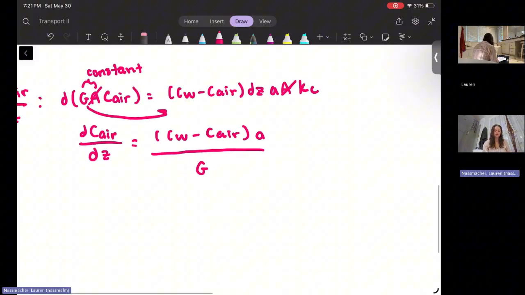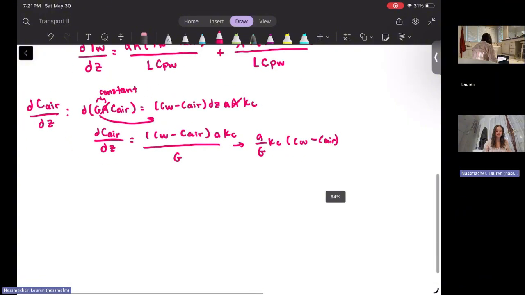So there's also Kc in there. And if you want to write this a little better, you can write A over G divided by Kc times Cw minus C air, concentration of air.